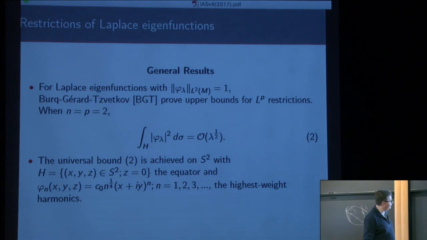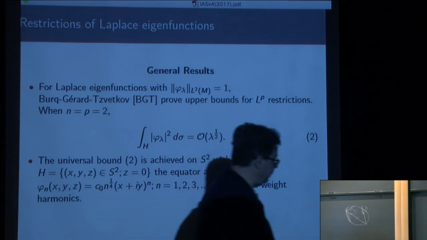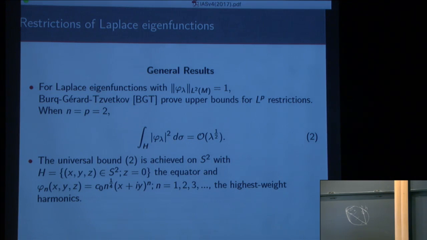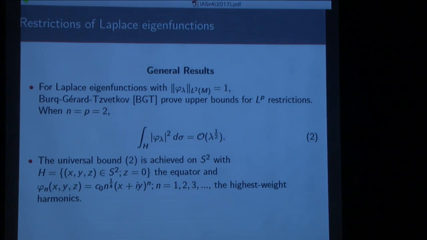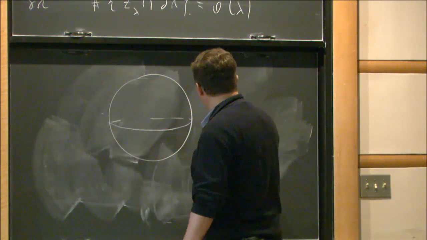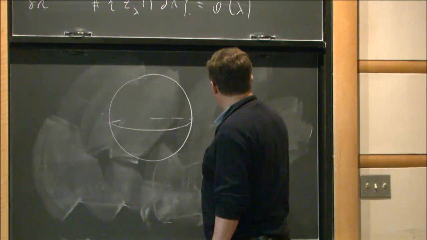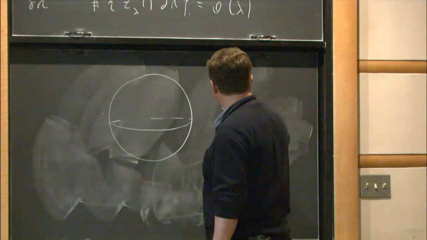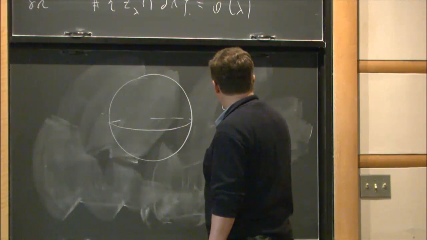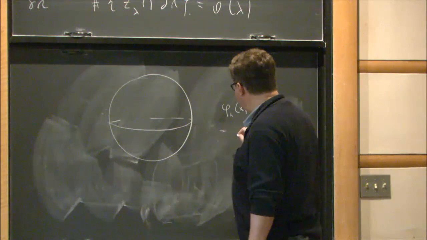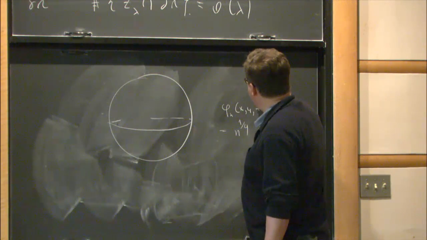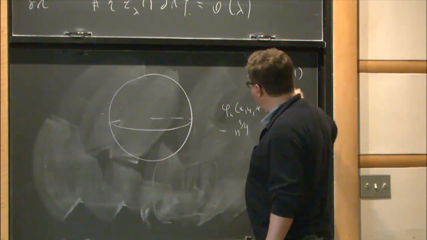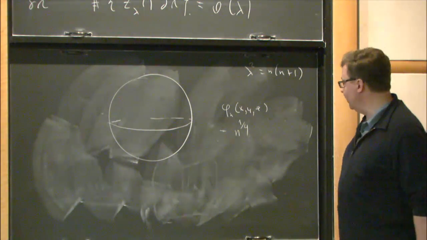If you look at the example of the sphere, you take the highest weight harmonic on the sphere. If you L2 normalize it, this is a function of x, y, z, with some constant which is irrelevant, and basically a quarter power of n. The eigenvalues in the case of the sphere are n times n plus 1, so it's basically like n squared.